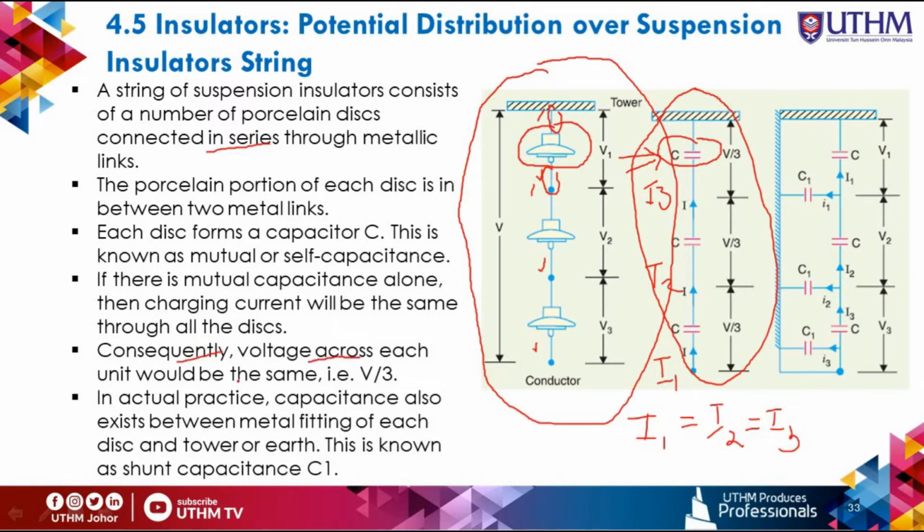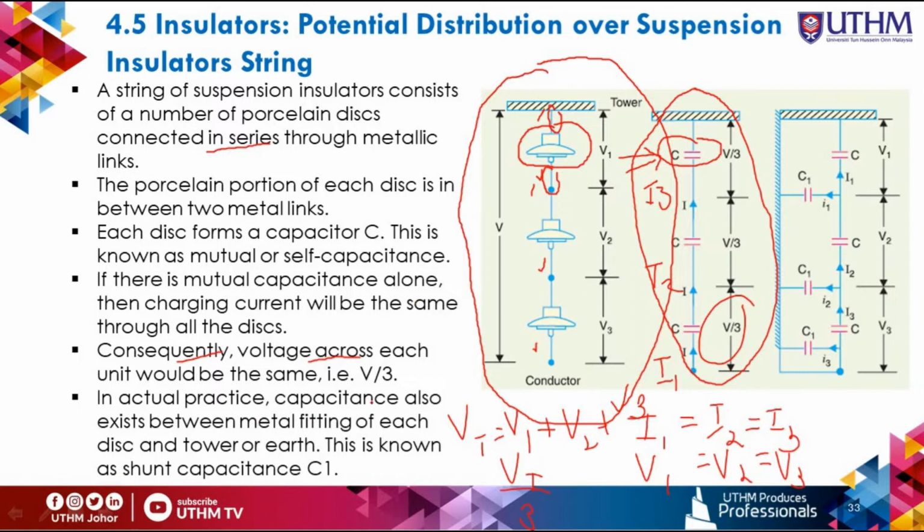Consequently, the voltage across each unit would also be the same, so V1 equals V2 equals V3. V total is V1 plus V2 plus V3, so V total divided by 3 gives the voltage across each of the insulators.